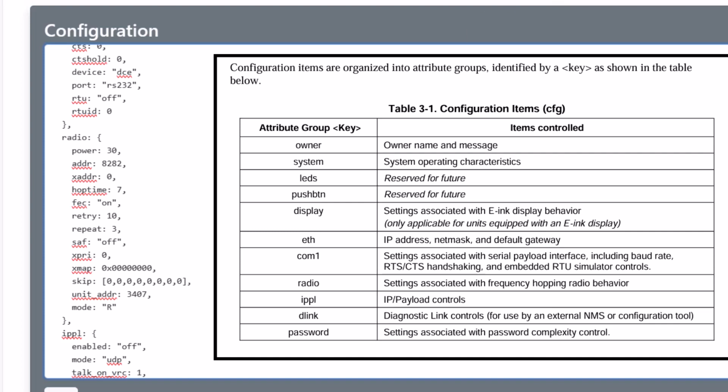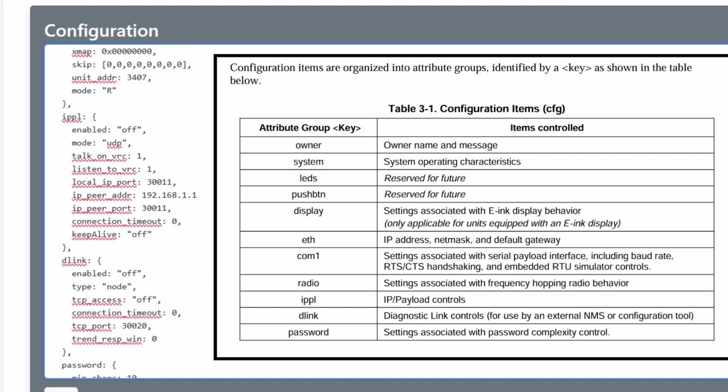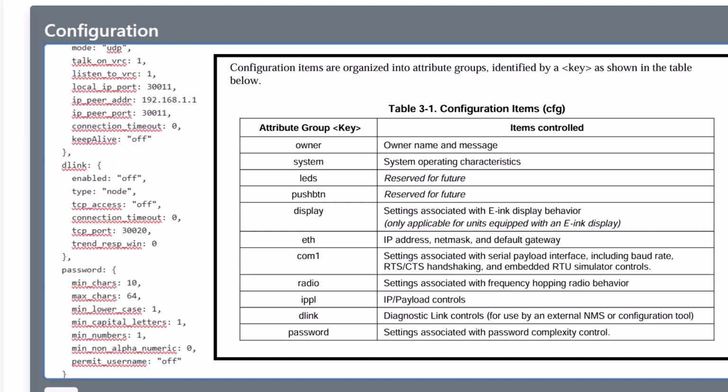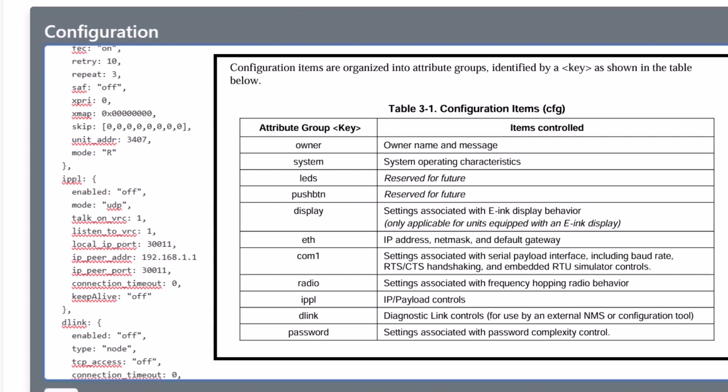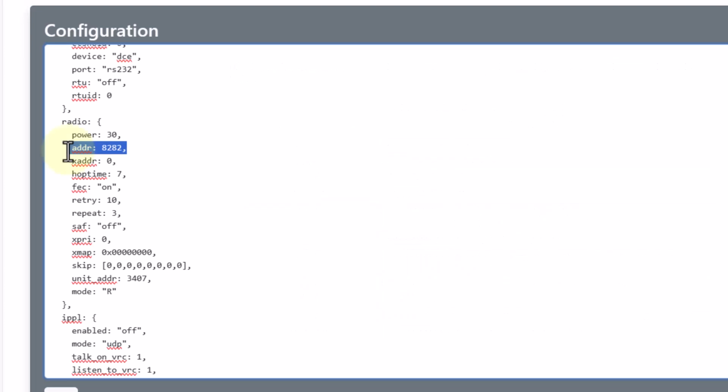Now, the only other real thing that we needed to set up for this to work was the network information. So you can see here we have our 8282 address, and really that was it. So to make this work in an existing system, we put the radio on the correct network address.